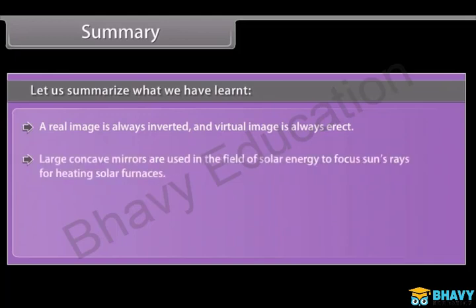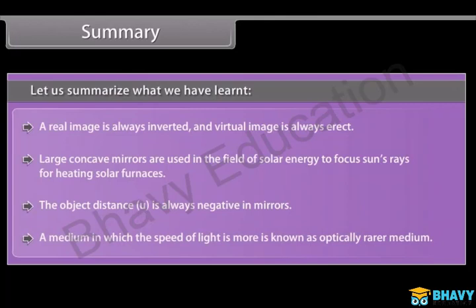Large concave mirrors are used in the field of solar energy to focus sun's rays for heating solar furnaces. The object distance u is always negative in mirrors. A medium in which the speed of light is more is known as optically rarer medium.